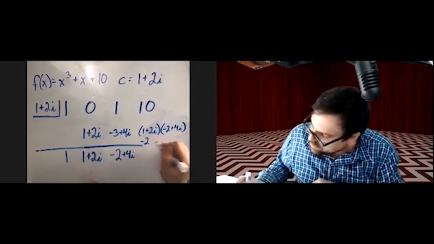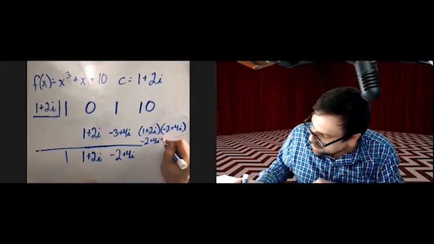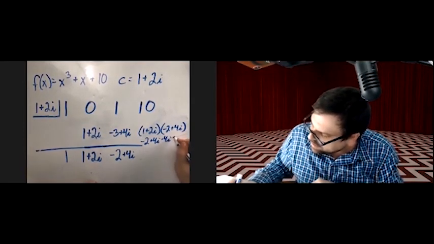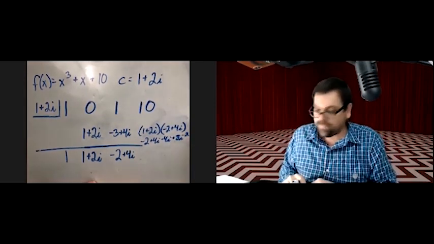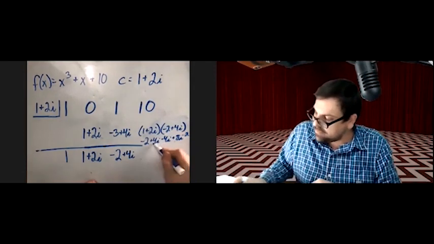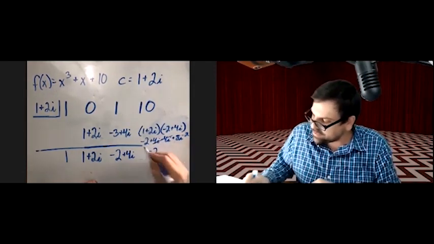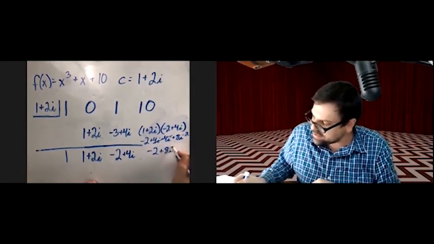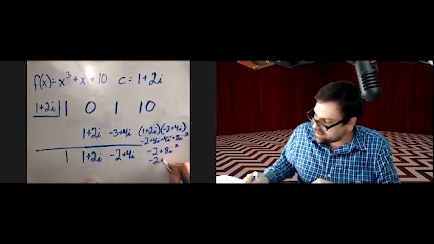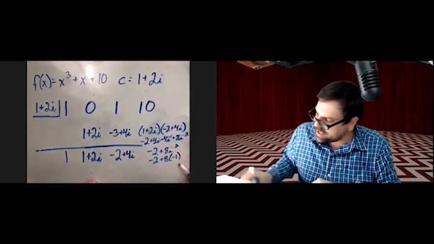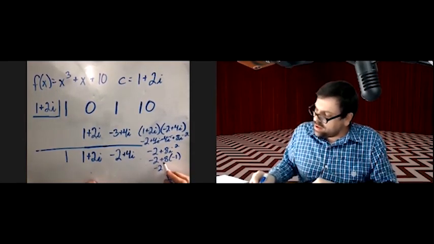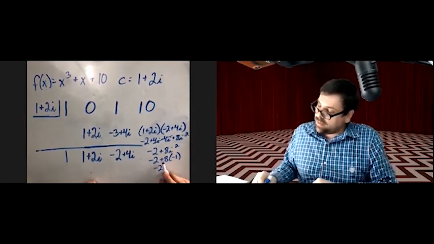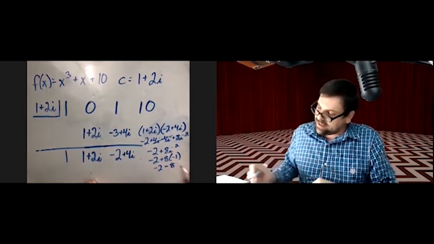That was negative 2 plus 4i minus 4i plus 8i squared. Plus 4i minus 4i cancel each other out. So we have negative 2 plus 8i squared. That's negative 2 plus 8 times negative 1. Positive 8 times negative 1 is negative 8.